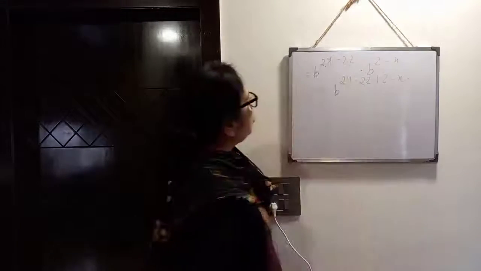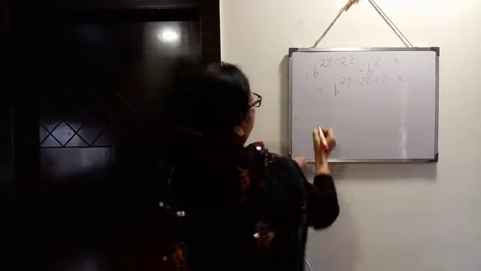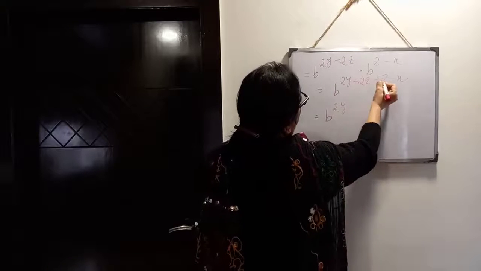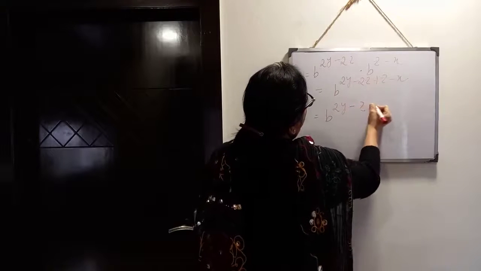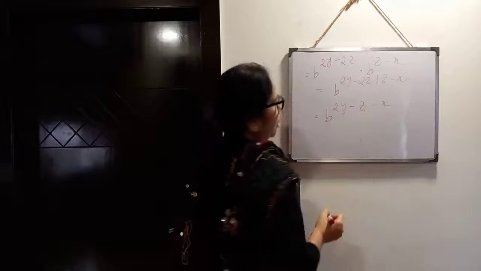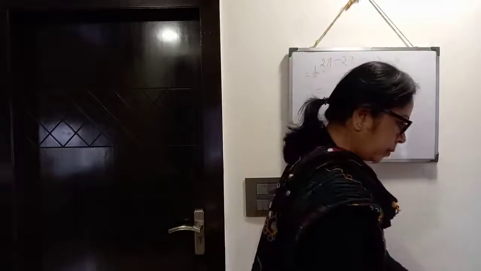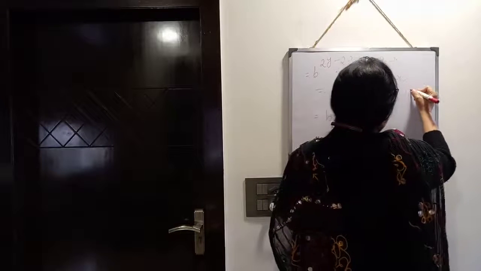Now it is becoming b to the power 2y minus 2z plus z, means minus z minus x. Now I have wrapped it. You had this x plus z equals 2y given.